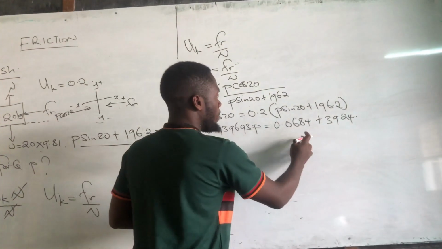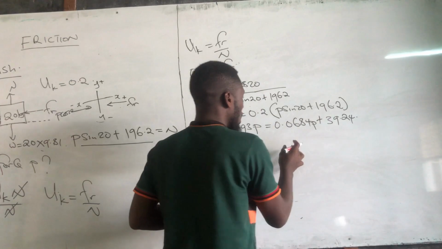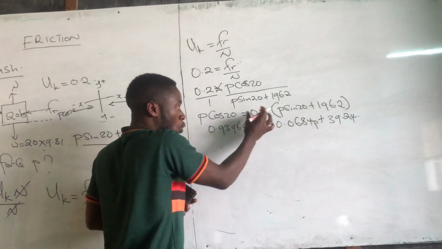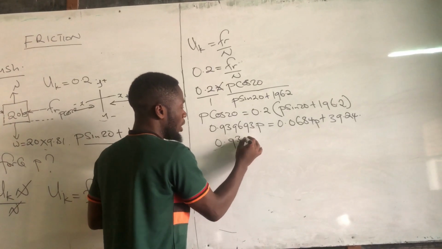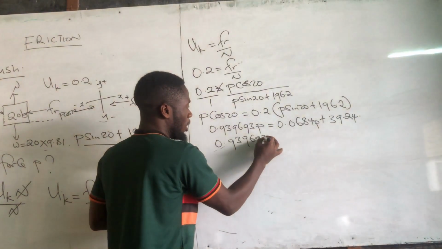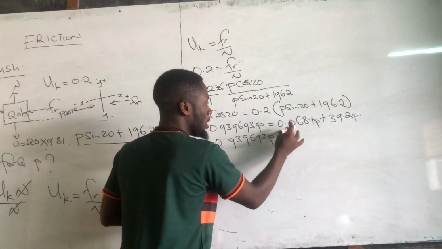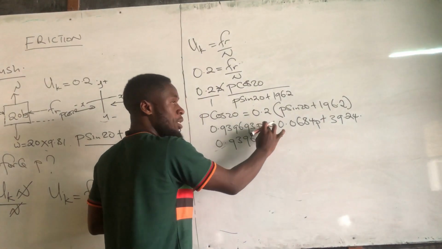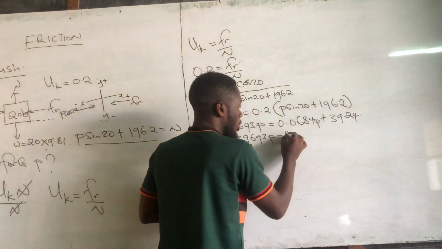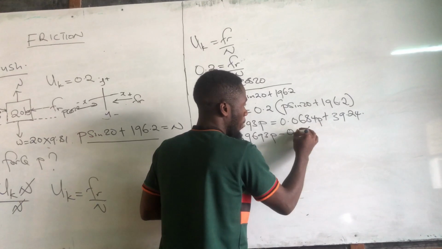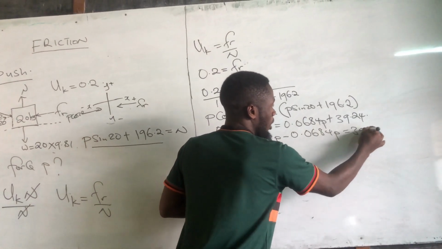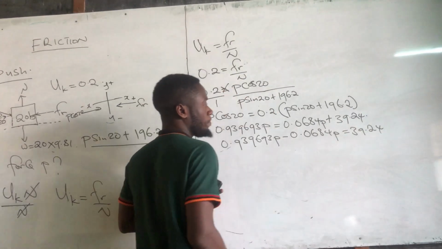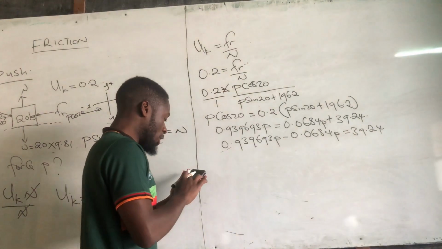So this is P here, so this one is P to come to this other side. It will be 0.939693 P minus, because this is positive, when it comes to this side it will be negative, 0.0684 P, which equals 39.24. So in this case, you can subtract here.